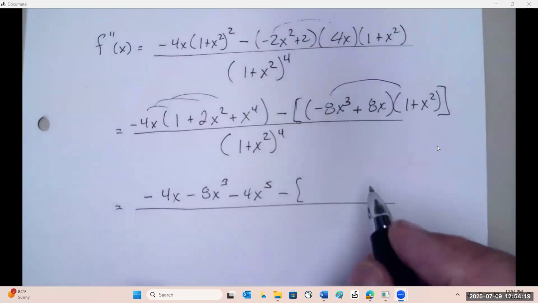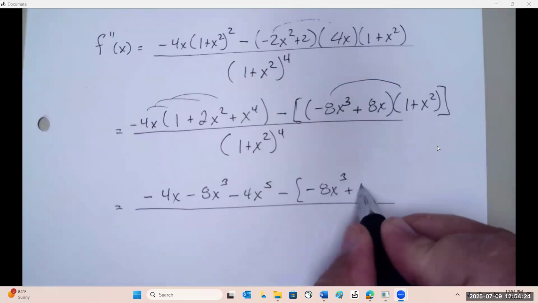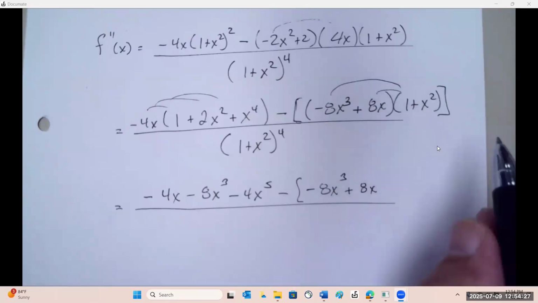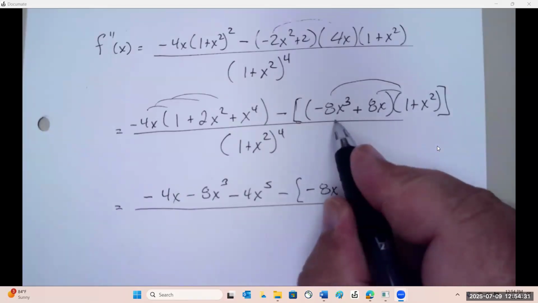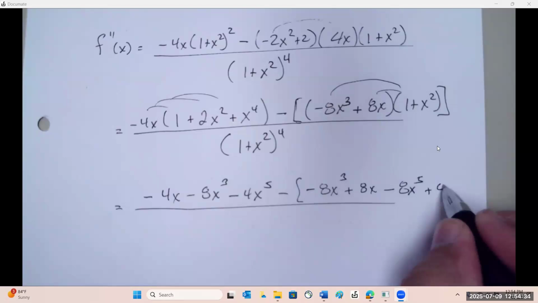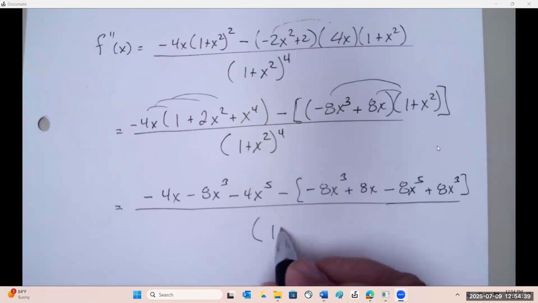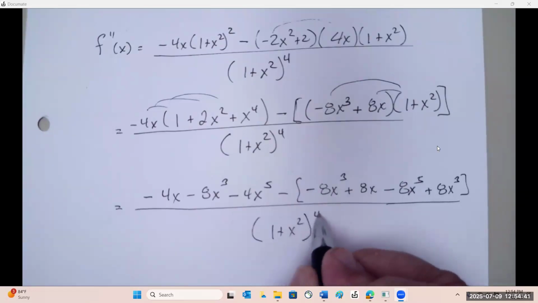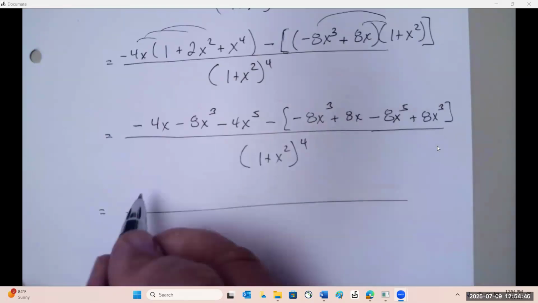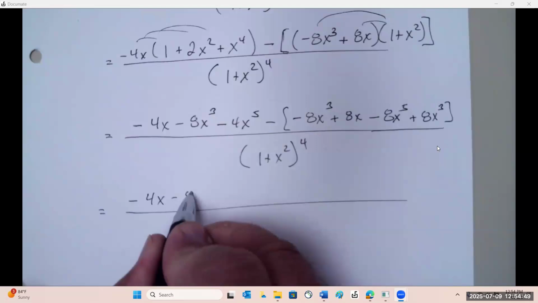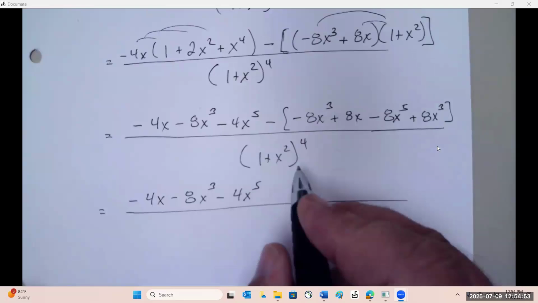Then negative 8x cubed plus 8x minus 8x to the fifth plus 8x cubed.